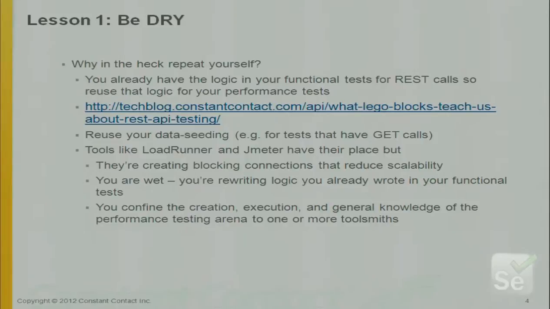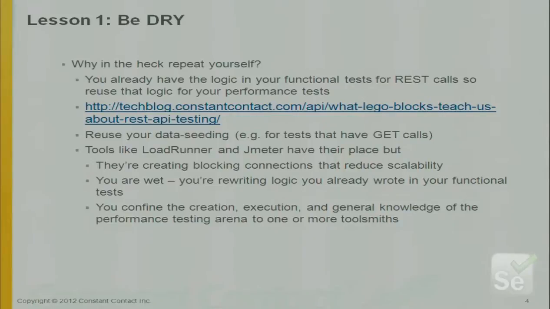So you have your functional tests and you have your performance tests. And so if you're creating a bunch of flows in your functional tests to do a get, a post, a put, or a delete, maybe even a patch or a head, why are you going into some third-party tool and recreating that same flow over again?